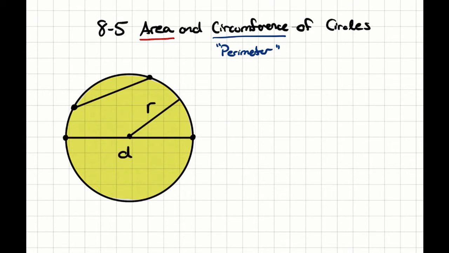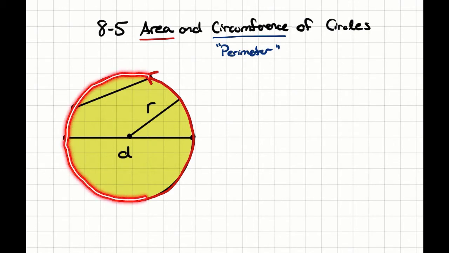And then there is the circumference. And the circumference is the circular path that goes around the outside of the circle. So this would be the circumference. Okay, and again, it's that circular path that goes around the outside of the circle.